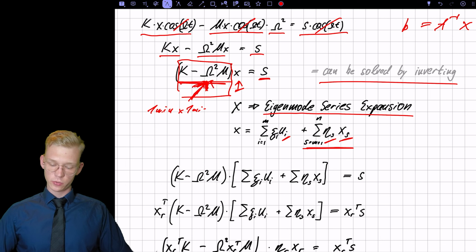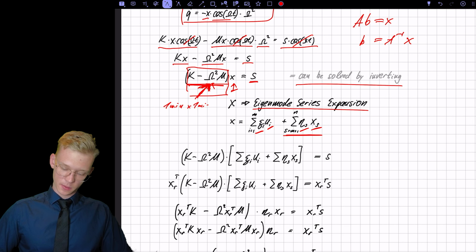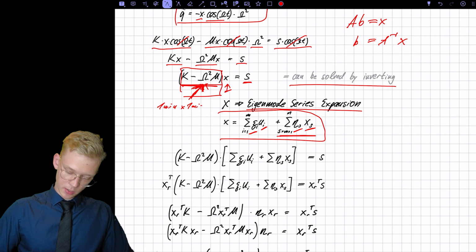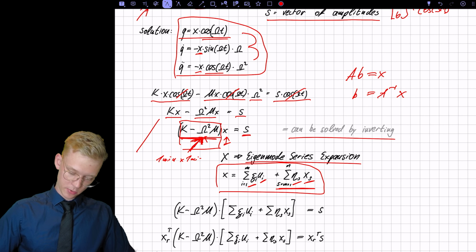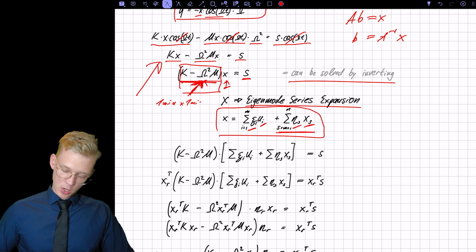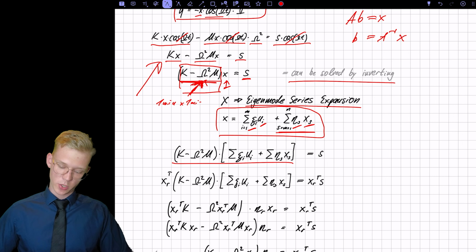So these are our u's, and this is the function for our rigid body modes. So inserting this equation into our linear set of, where is it? Right there. Inserting it in this equation will get us this equation.